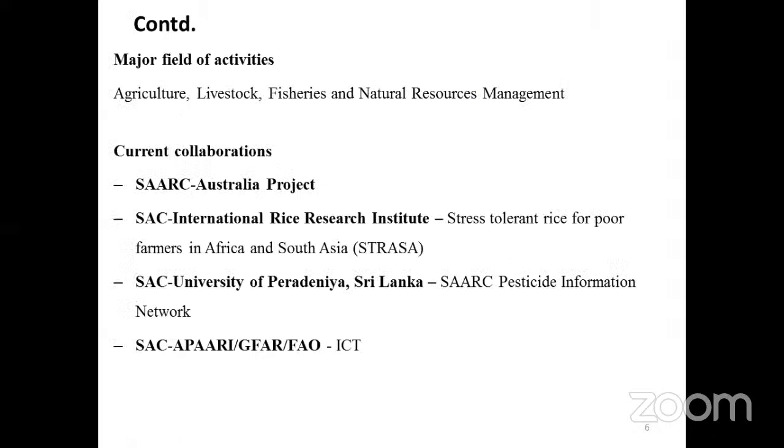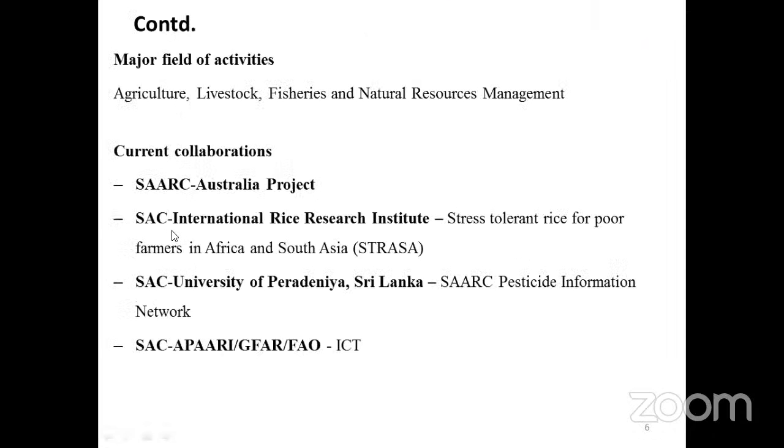This is it. They don't have much role as such in defining our policy. Although we consider SAARC countries as very important countries, this SAARC Agriculture Center has very little contribution in defining the policies.